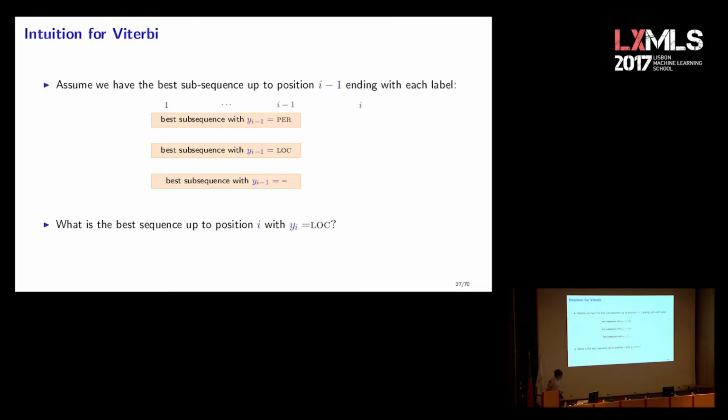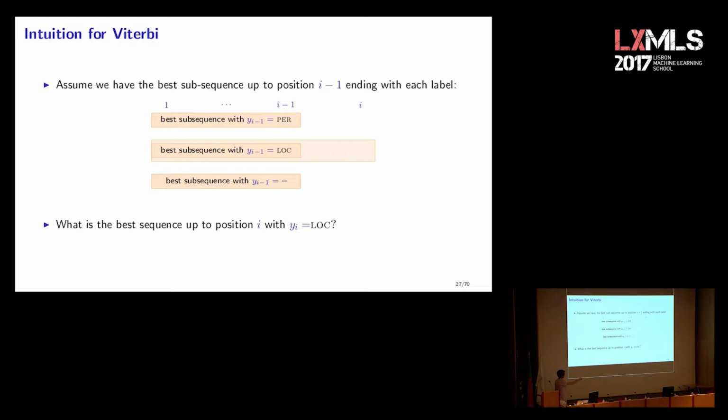Okay, so how does it work? It works in the forward pass. I define a dynamic program that computes the best subsequence from the beginning to a certain position, each time keeping the last tag. We have 3 tags, so I always have to keep track of the 3 best subsequences up to there.